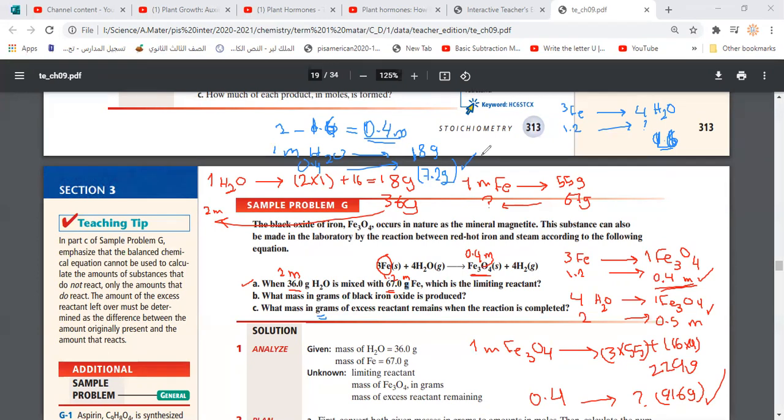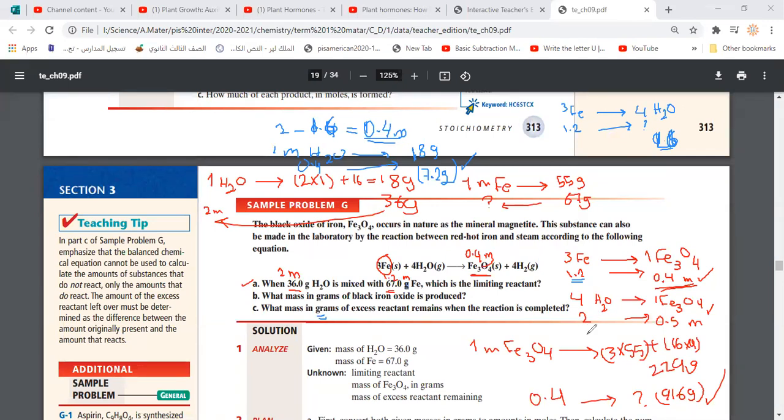Is it clear here, guys? Yes. And I have a question here. I want to understand why iron is the limiting reactant. Look with me here, Hassan. How many moles of iron do you have? 1.2. Once this 1.2 mole is completely used, they will produce how many moles? 0.4. Good.